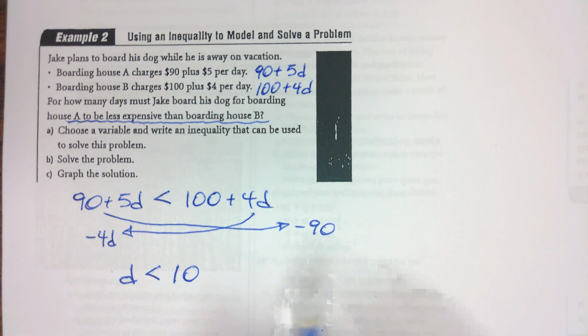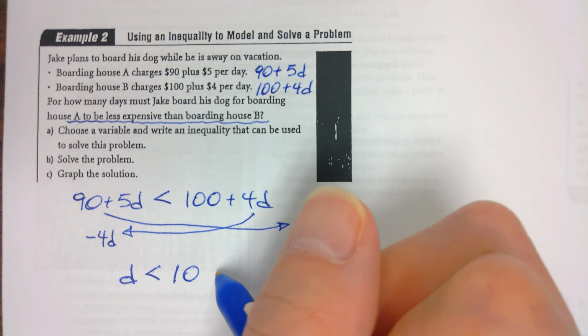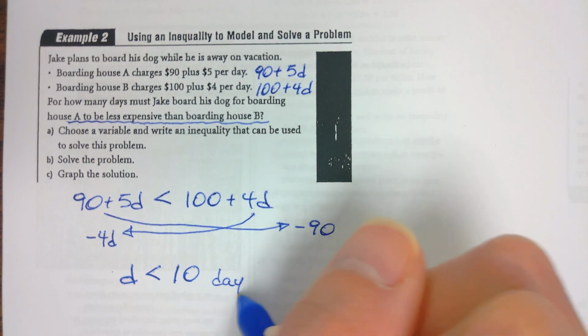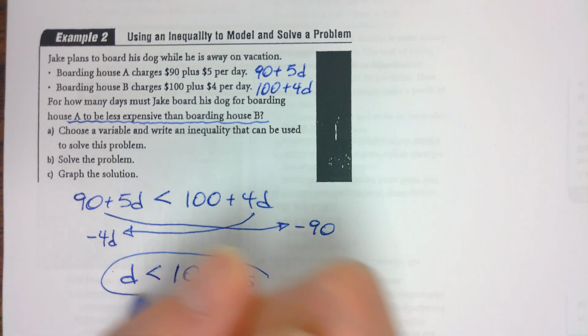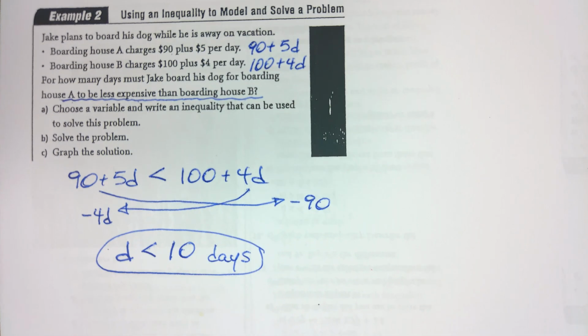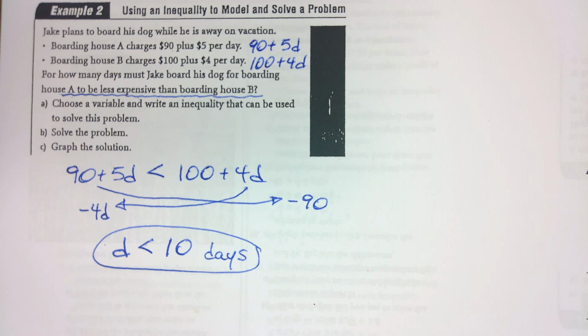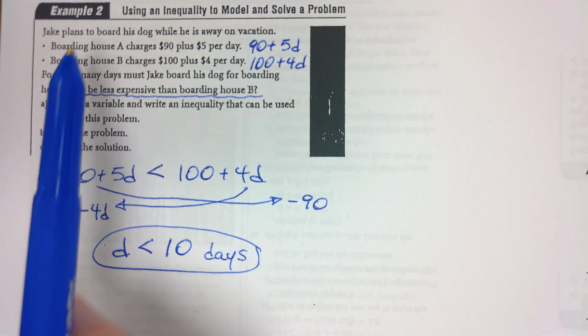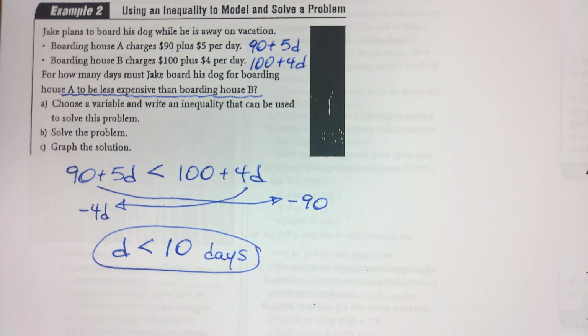Right? What's my unit here? Days. That's right. Okay. So if I were to write a therefore statement, it would mean that if I board the dog for less than 10 days, A will be the cheaper option.